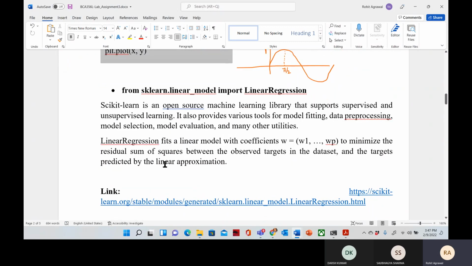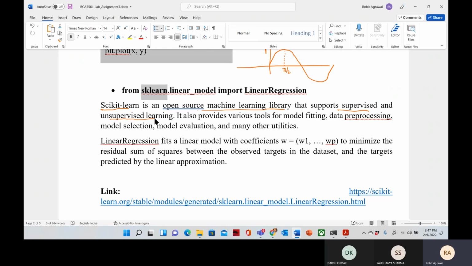Now the third one is most important. The most important is sklearn. sklearn stands for scikit-learn. It is an open source, freely available machine learning library that supports supervised and unsupervised learning.